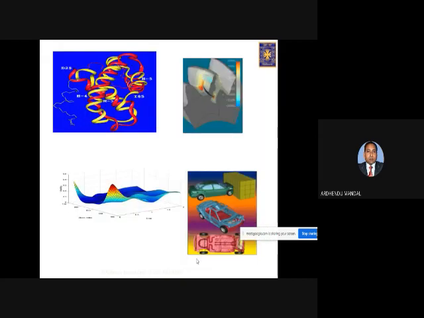In bioinformatics, like the human genome project. In geology, for earthquake prediction. And in industry, for modeling different kinds of cars or aircraft. Modeling also requires computers, and this requires a huge amount of computational effort.